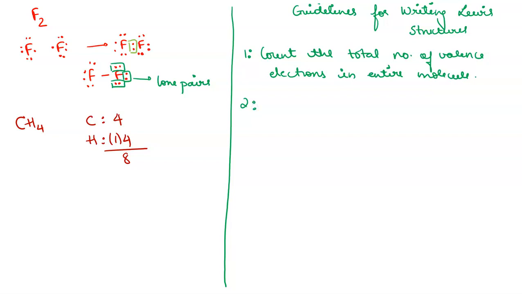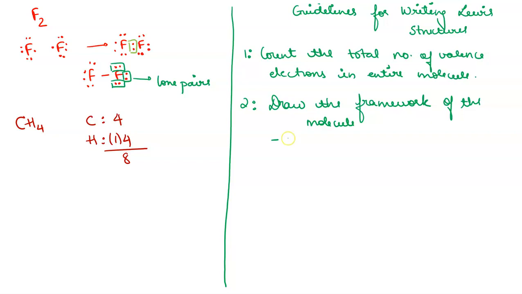Step number 2, draw the framework of the molecule. Now, when we build the framework of the molecule, there are a few things to keep in mind, and I'm going to write those down as sub-steps in step number 2.